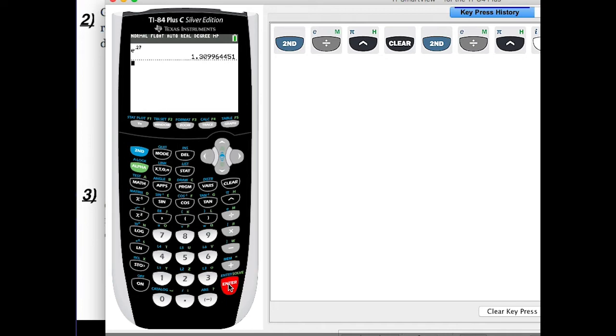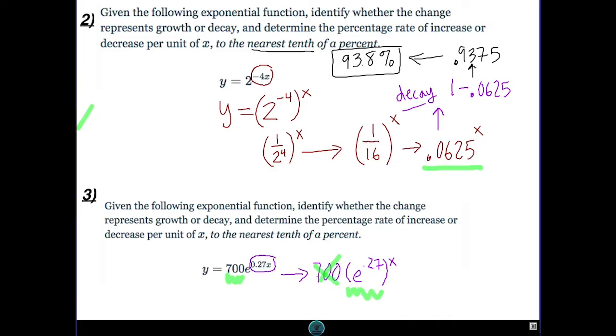So let's use a few more decimals here. This is still 700. We don't really care about that, but this base is really the number we care about: 1.30996 to the power of x. Because this value here is larger than 1, this definitely represents a growth situation. And because it's growth, we're going to take that value and subtract 1.